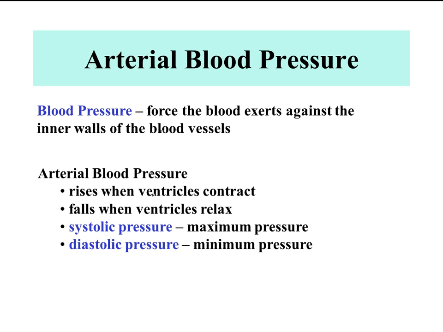Diastole means relaxation of the ventricle, so diastolic pressure is the minimum pressure, when the ventricle is relaxed. So taking a blood pressure, you're getting two numbers: a measurement of the systolic pressure and a measurement of the diastolic pressure.